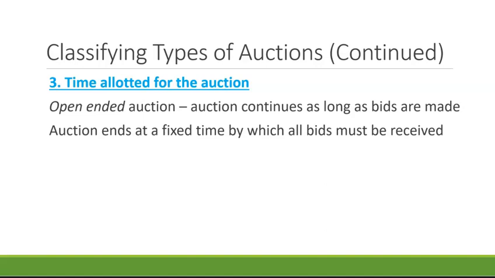If any of you have ever participated in eBay auctions, you'll know that those are auctions that end at a specified time. You can also classify the auction by the nature of what is being auctioned.